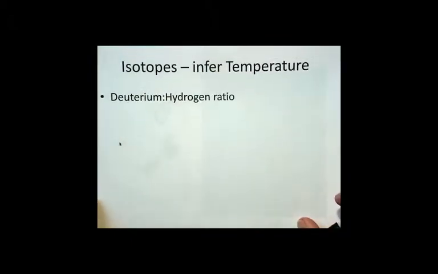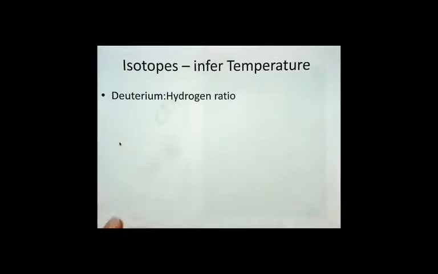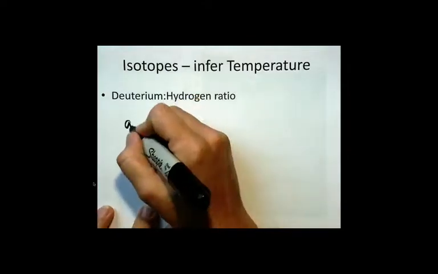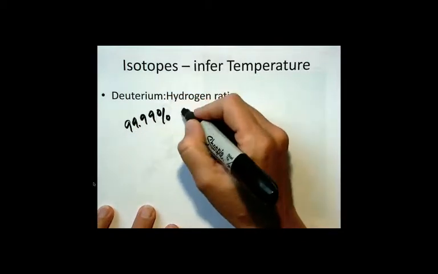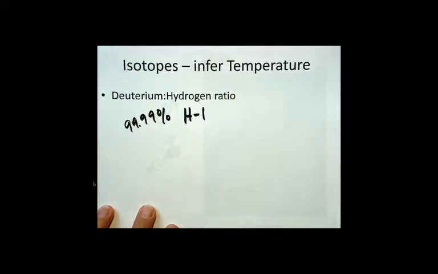All right, so what does that mean? Just for a second, let's just see what they're talking about here. The deuterium to hydrogen ratio. What they do is they look at the water, and in any sample of an element, there is some natural abundance of different isotopes, and for the element hydrogen, 99.99% of elemental hydrogen is in the form of the isotope that we call H1.